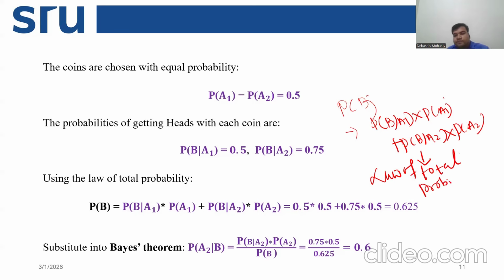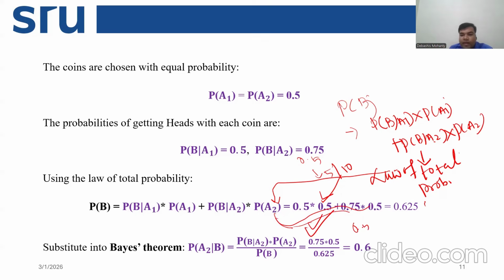Okay, students. So we are using this law of total probability. The probability of B given A1, the first coin, the fair coin, is 0.5, and the probability of A1 is 0.5. Again, the probability of A2 is also 0.5, and the probability of B given A2 is 0.75.